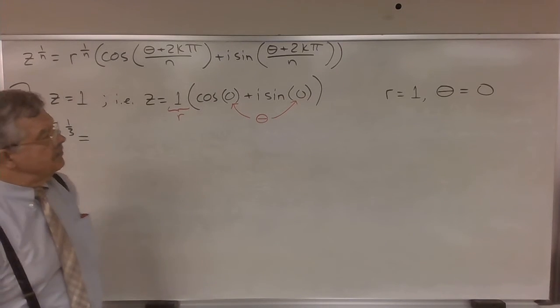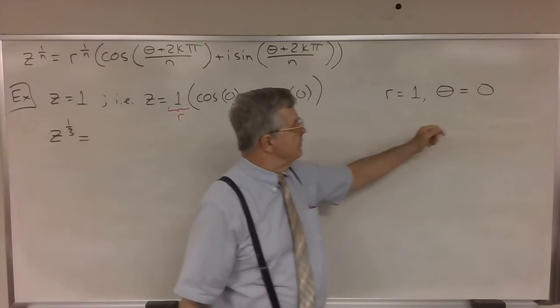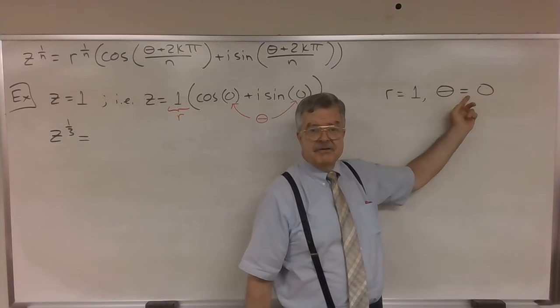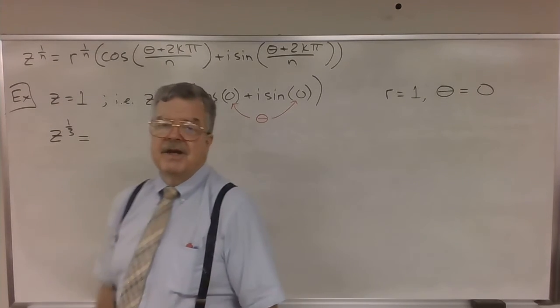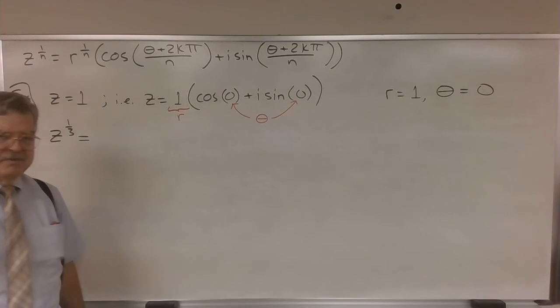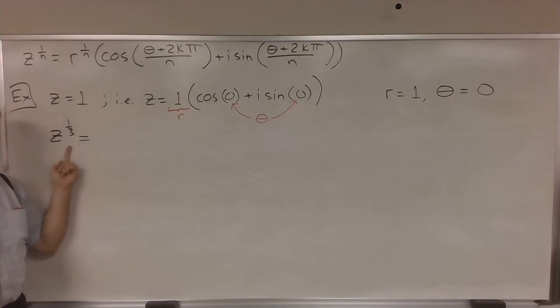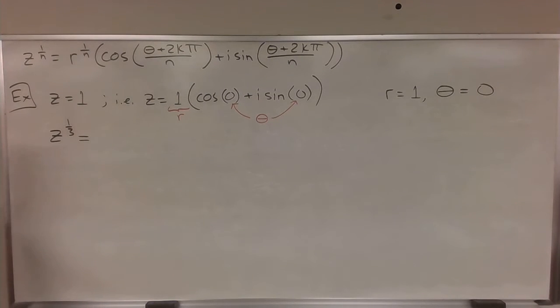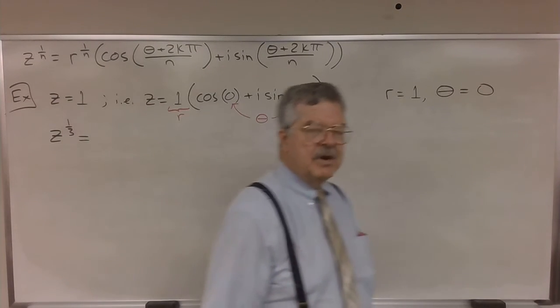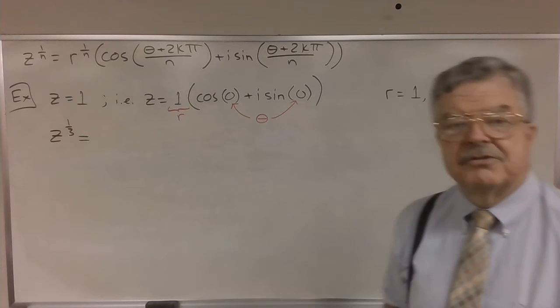So here, the modulus is 1, and the angle theta is 0. Instead of computing the square roots of z equal 1, this time we're going to compute the cube roots of z equal 1. When we computed the square roots of z equal 1, there were 2 square roots.